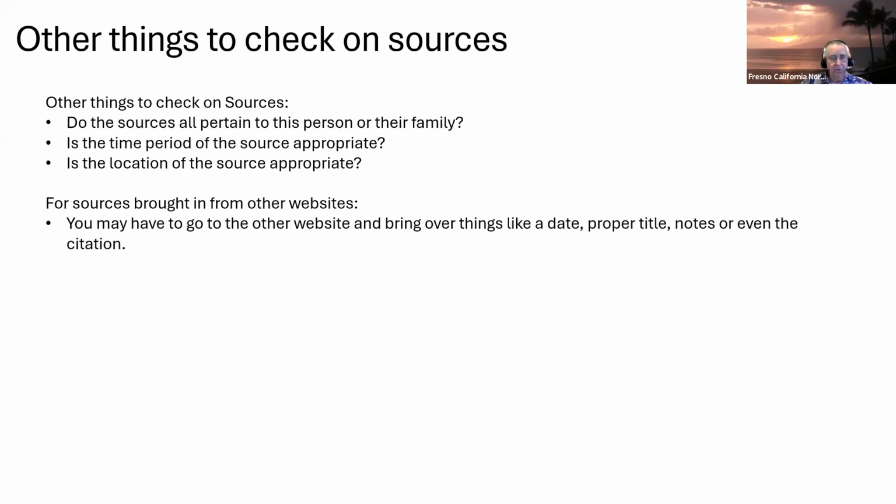So that's a way to kind of filter through the sources, looking for possible sources that really don't belong. And then for those sources brought from other websites, like I showed you on the other one, if you have the time and feel inclined to do it, you can go in and fix them up by changing the title, adding a date, putting some notes in, things like that.